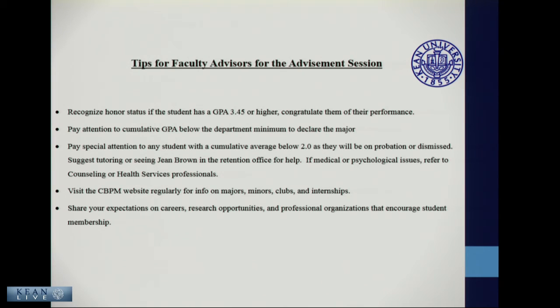If they're in the College of Business, they'll get one from Dean Cooper in a couple of weeks, okay, that says you have been dismissed. There's no worse correspondence you can get than a dismissal letter that I can think of, okay? And so we want to try to catch those students early on, maybe suggest remedial work for them, tutoring, things to bring them back up out of jeopardy.